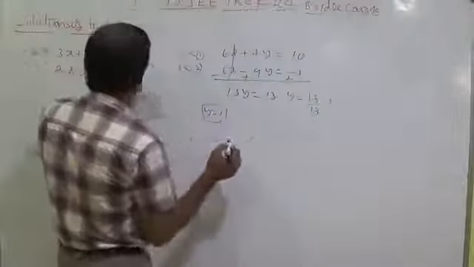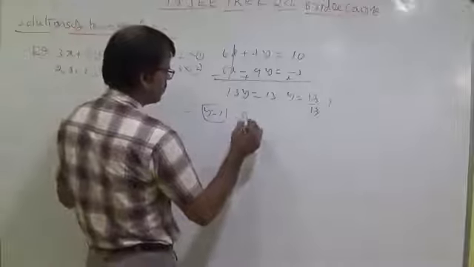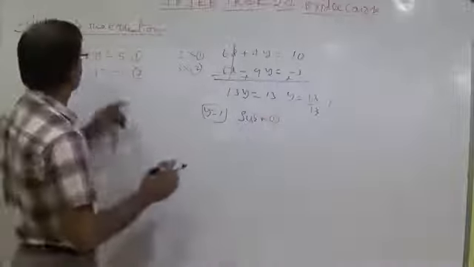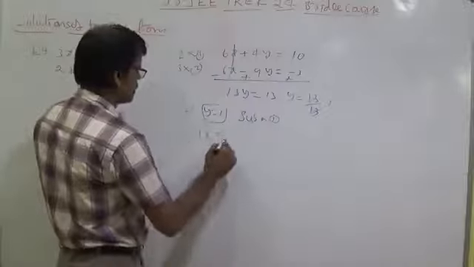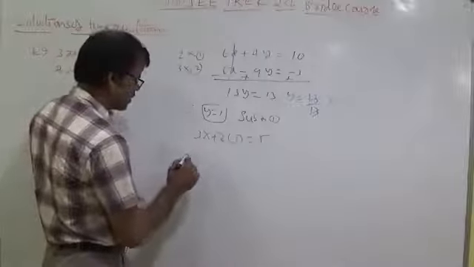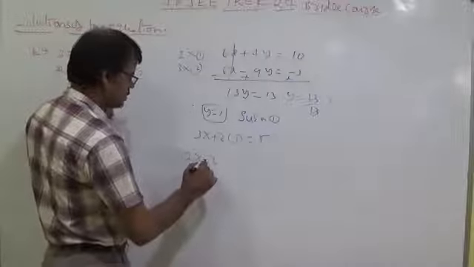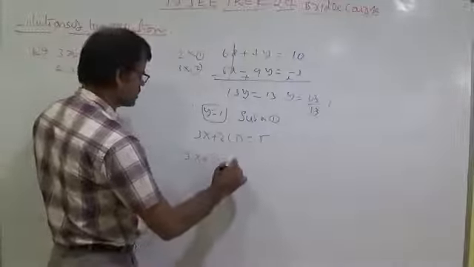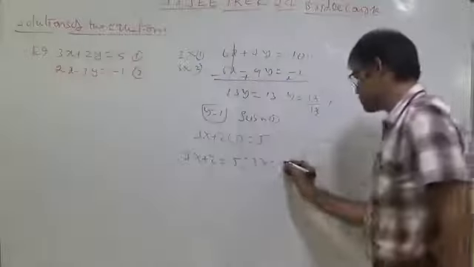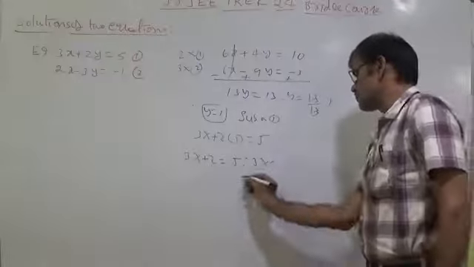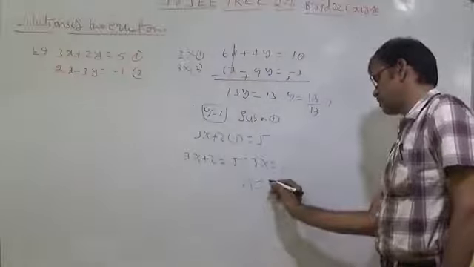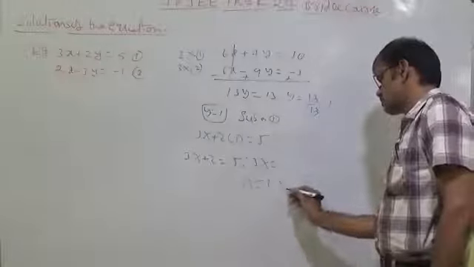Now substitute in any equation. Substituting 1, you get 3x plus 2 into 1 is equal to 5. Now 3x plus 2 is equal to 5. 3x is equal to 5 minus 2. 3x is equal to 3.